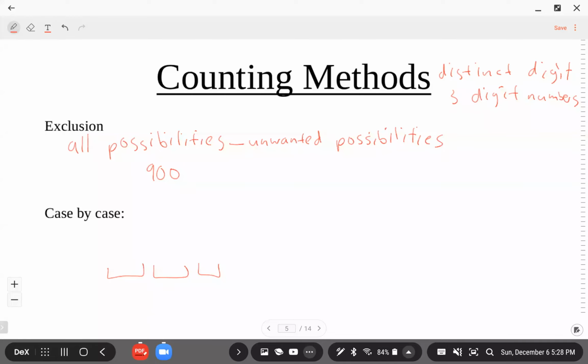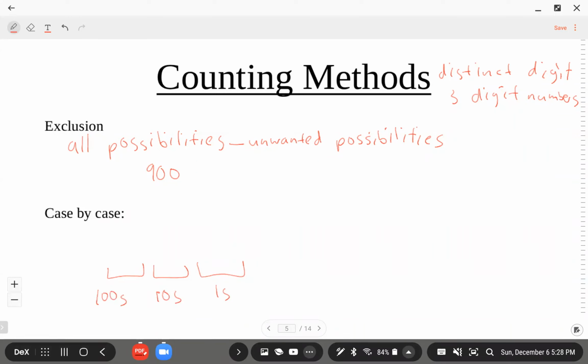But case by case is just basically finding the actual possibilities. So distinct digit, three-digit numbers. What do we have in store for three-digit numbers? We have our first digit, our second digit, and our third digit. This would be the units digit, the ones digit, this would be the tens, this would be the hundreds.